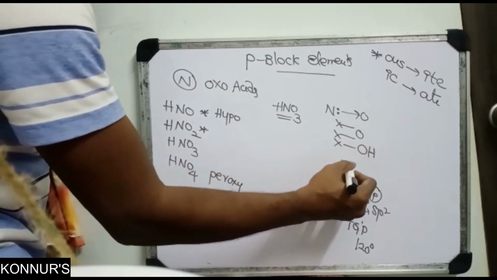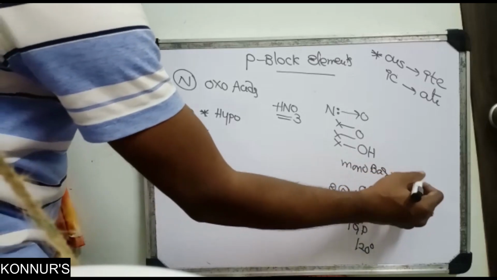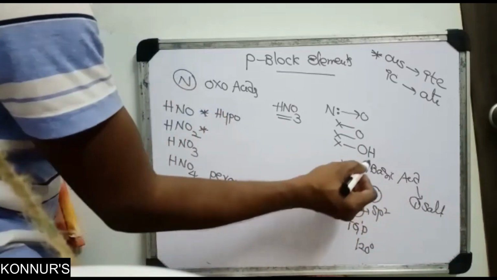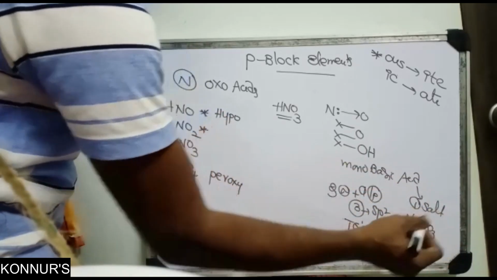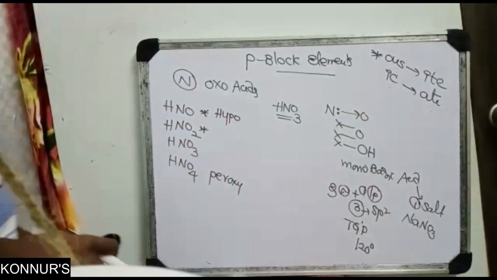One OH is there, so it is a monobasic acid, which gives one salt, where active hydrogen is replaced with metal. So NaNO3, sodium nitrate.